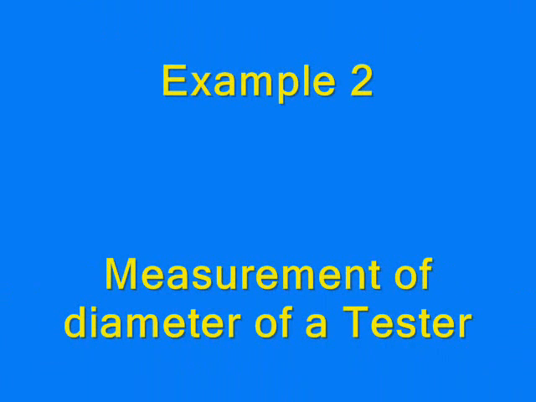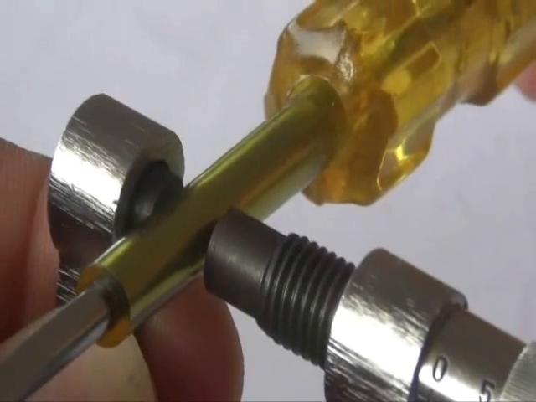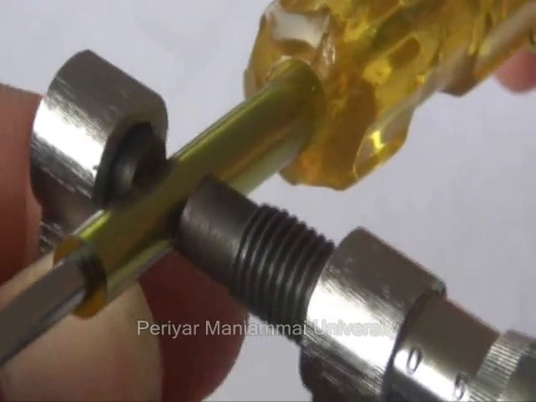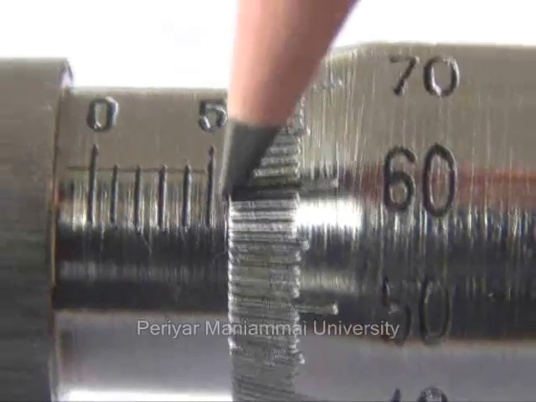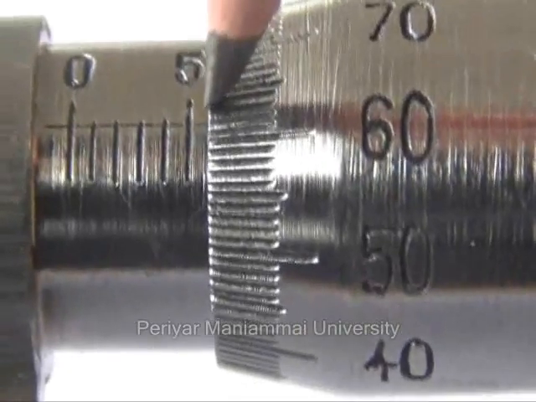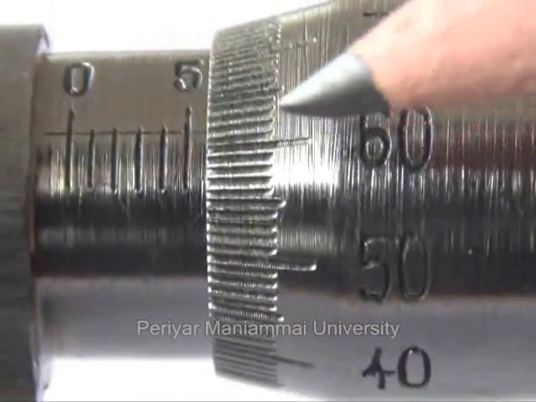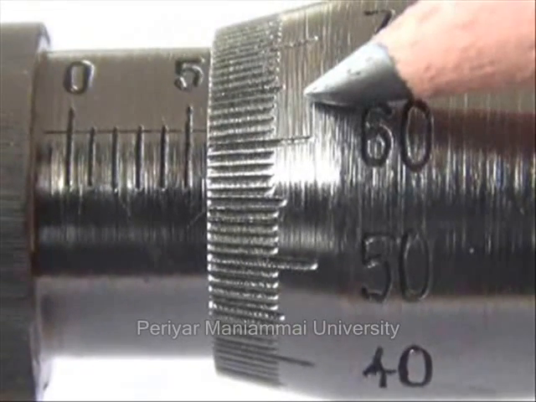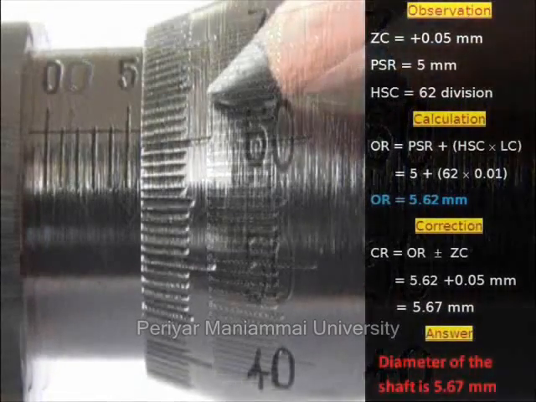The next example is the measurement of diameter of an electrical tester. Now the object is placed and tightened up gently. We can observe the reading. In pitch scale we are able to see the 5th division. In head scale coincidence 62nd division coincides with the reference line.